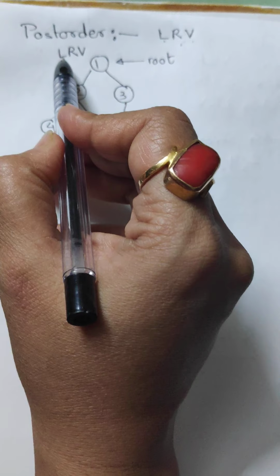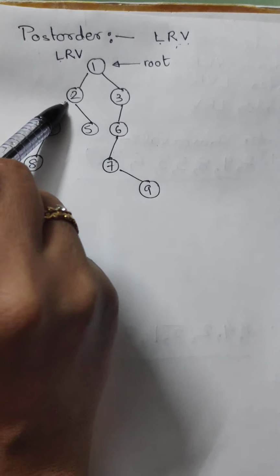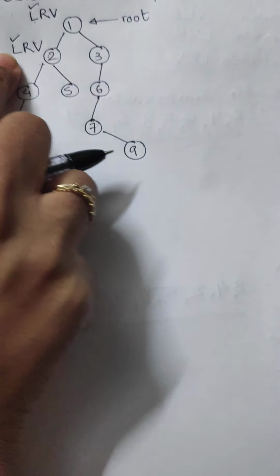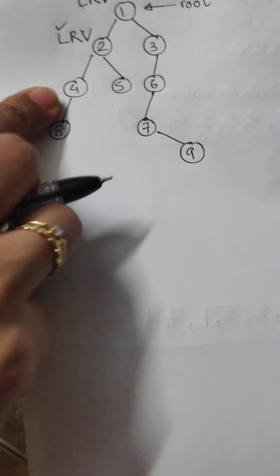Again, you start the traversal with the root node and you apply LRV on the root node. L, that means the left subtree, that is 2. Once you come to 2, again you apply LRV on 2. L of 2 means you come to 4.